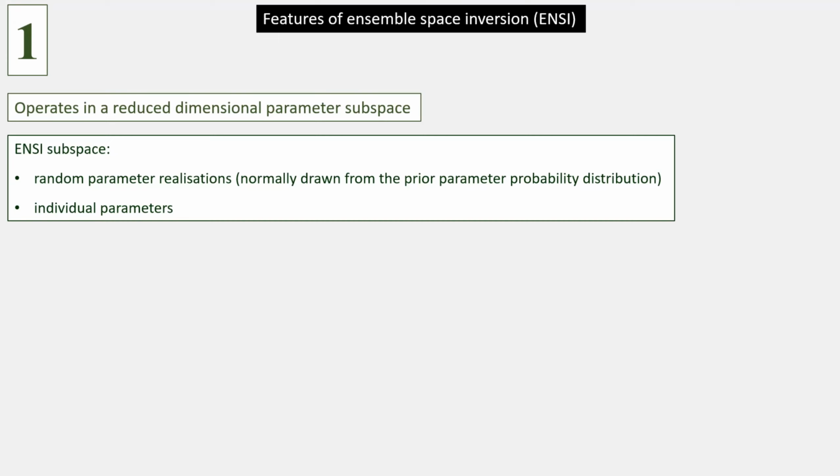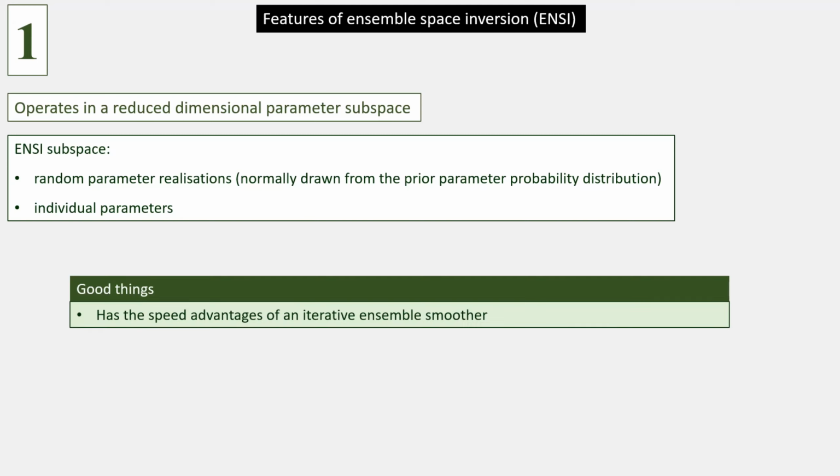The number of model runs required per iteration of the inversion process is much, much less than the number of parameters that are being estimated. It's only equal to the dimensionality of the subset of parameter space in which we're working, and that is only as large as the information content of the calibration data set.